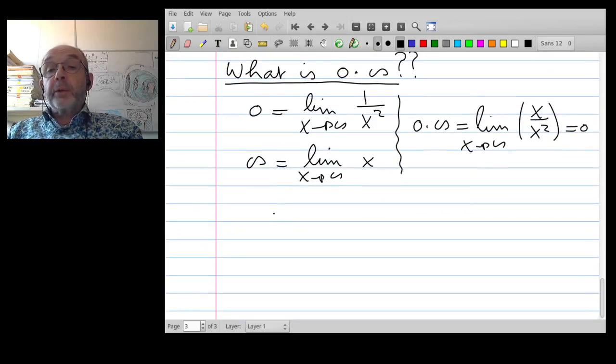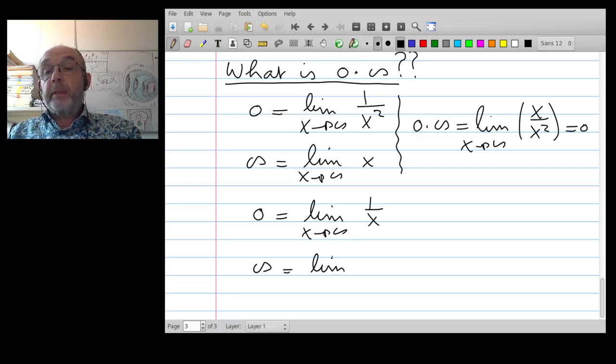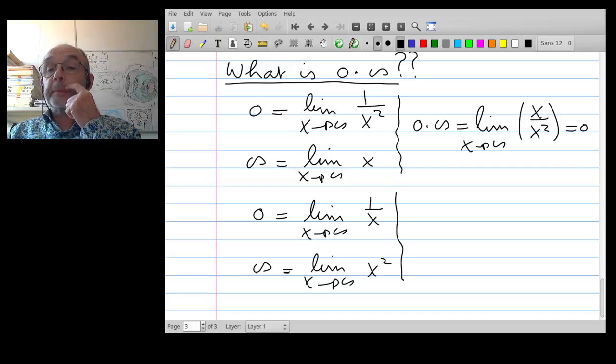But the other way around, you can also say 0 is the limit from x going to infinity of 1 divided by x. Infinity is the limit from x going to infinity of x squared. And what is then 0 times infinity?